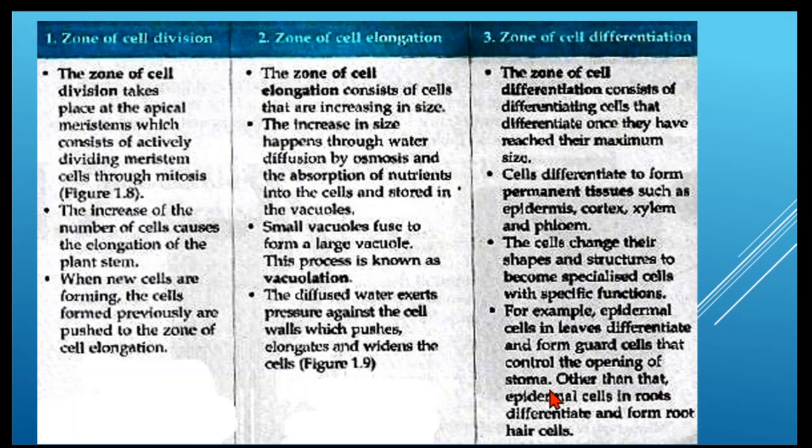Other than that, epidermal cells in roots differentiate and form root hair cells. Maksudnya di sini, zone of cell differentiation, the cell is modified. Okay, dia differentiate, dia modified according to dia punya function. Alright. For example, guard cell. Function dia untuk control the opening and closing of the stomata.